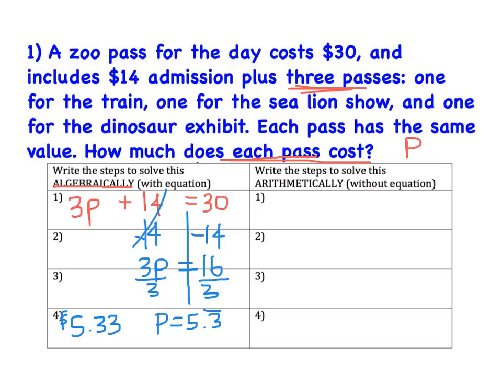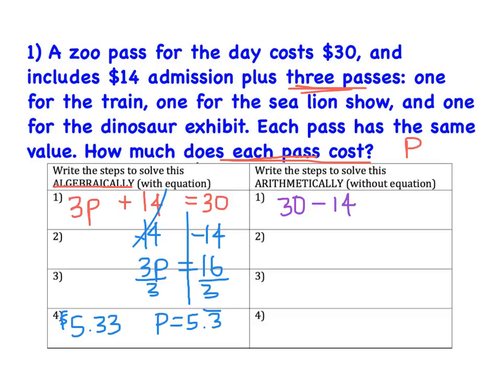Now let's take a look at the arithmetic way of solving this problem. Arithmetic is what they used to call our traditional operations: add, subtract, multiply, and divide. So I'm just going to document the step-by-step process I would use to solve this without an equation. I'm going to start with the $30 of total cost, and I'm going to subtract the admission cost because I know that has nothing to do with the cost of each pass.